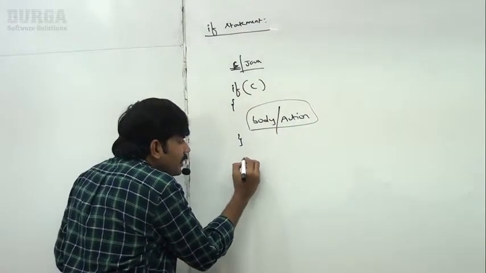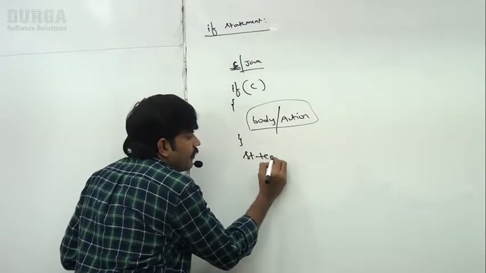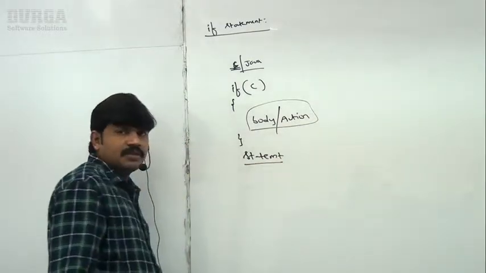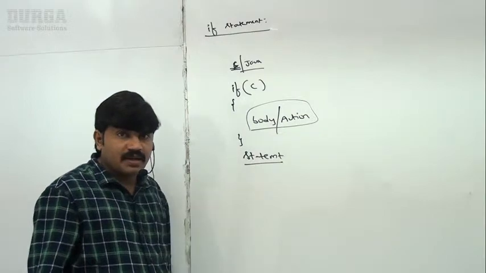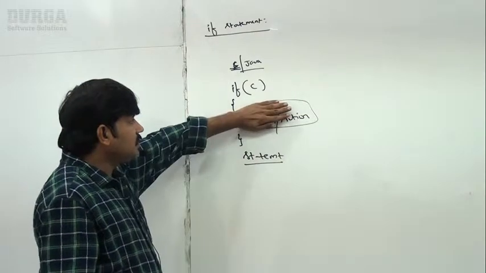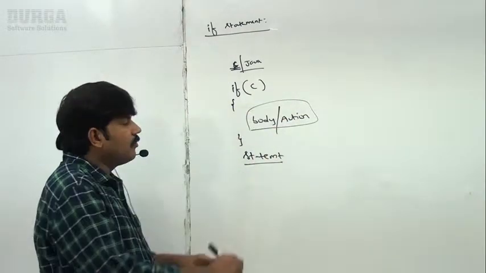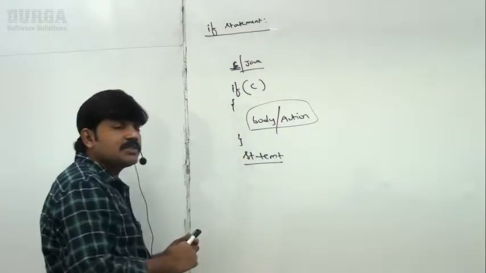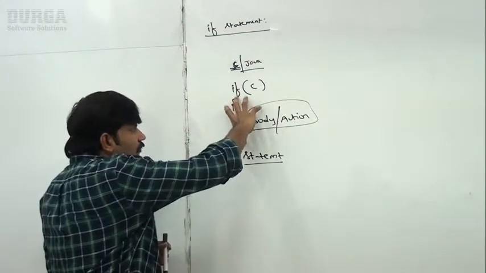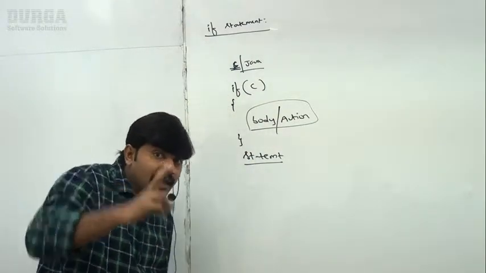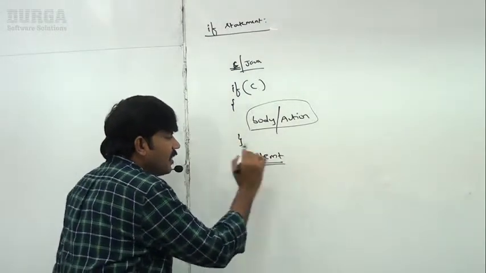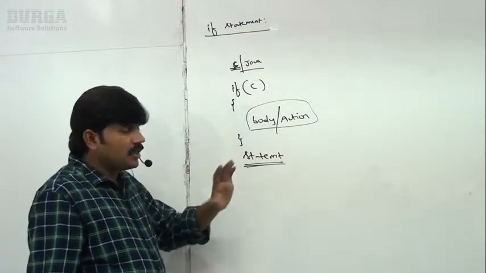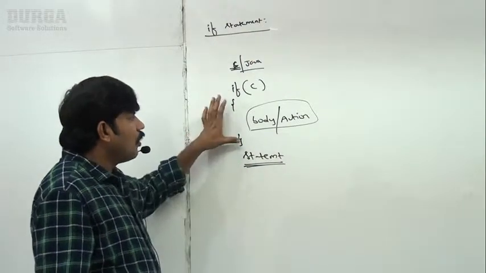Now, if I take any statement outside the curly brace, it is not under the if block. Correct or not? How can you decide, sir, this is within the if block? By using curly braces, we can define it is the if block. If you are taking any statement outside of the if block, it is considered a normal statement. It is outside of curly braces, meaning outside of the if block.